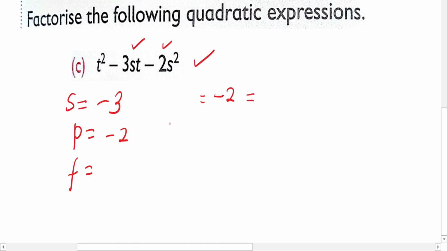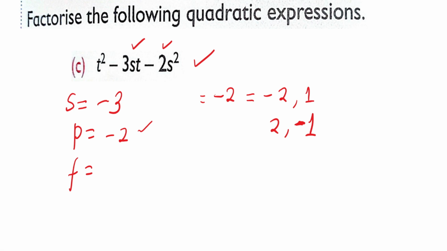The only combinations for negative 2 are negative 2 and 1, or 2 and negative 1, because if you multiply these you obviously get negative 2. Now which of them, if you add them up, is supposed to give you negative 3? Which two numbers are those?